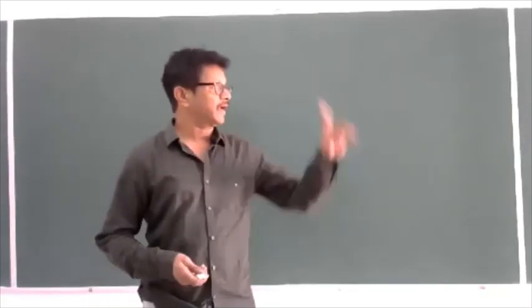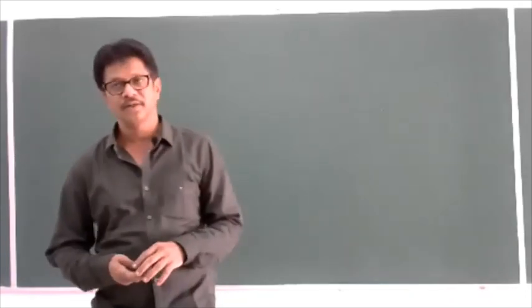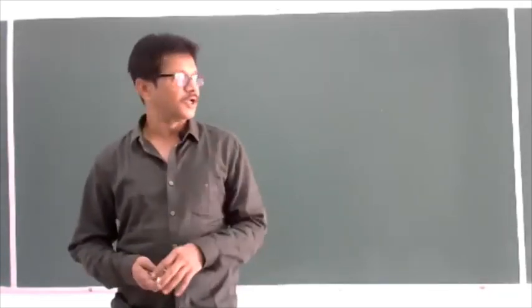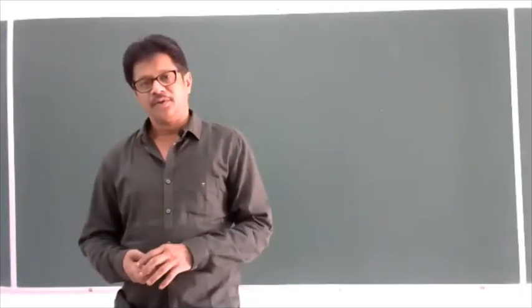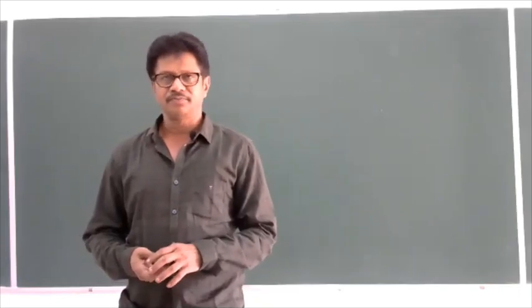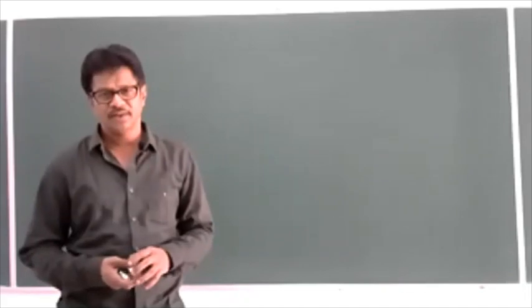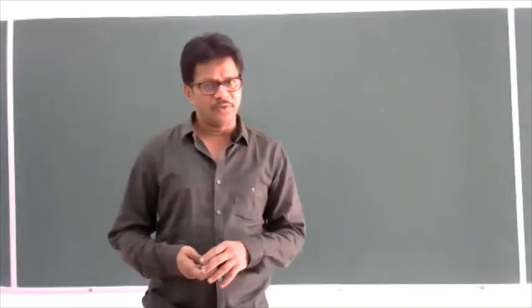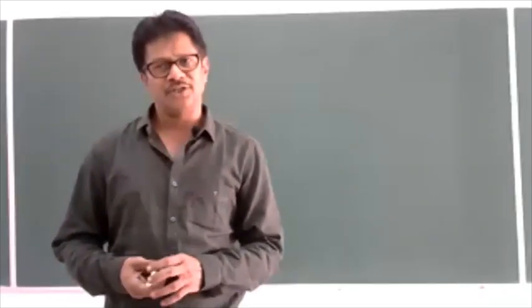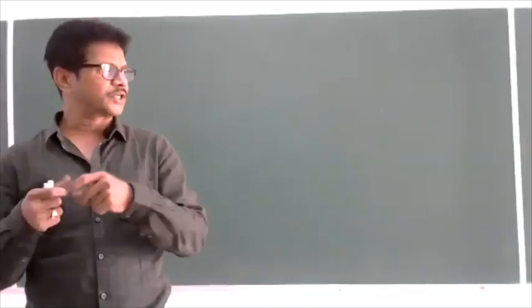So, a few days back, that is on, I hope, Saturday, we discussed Coulomb's inverse square law and its applications. We derived many formulas by considering two balls connected to a string and everything.